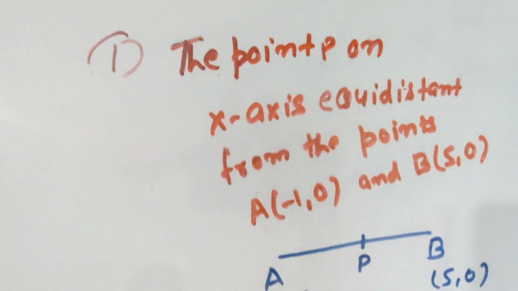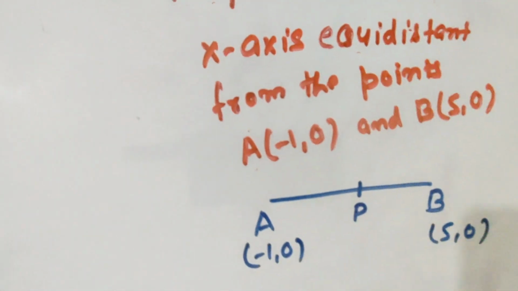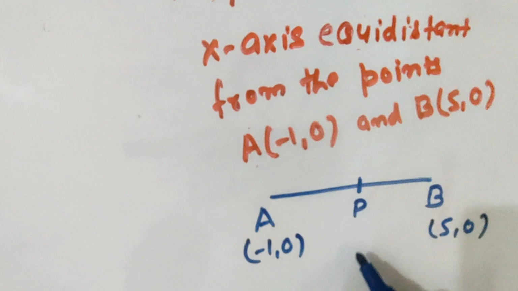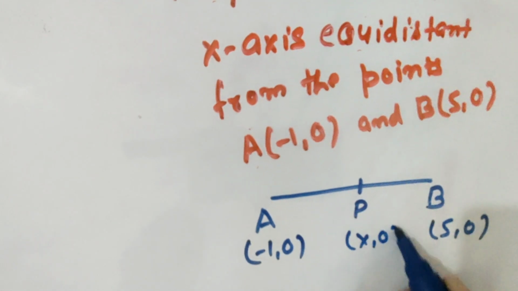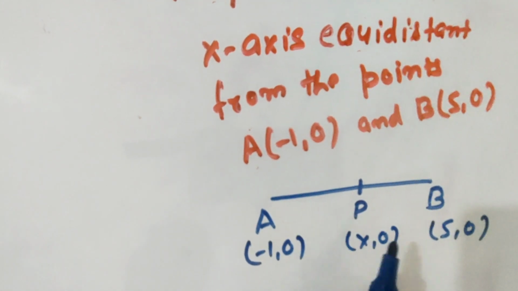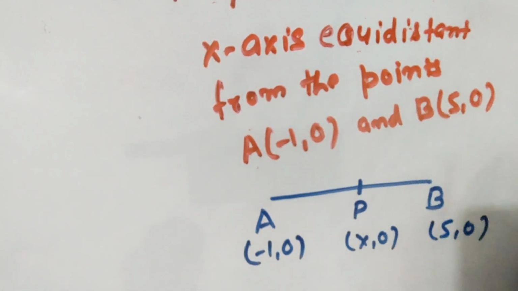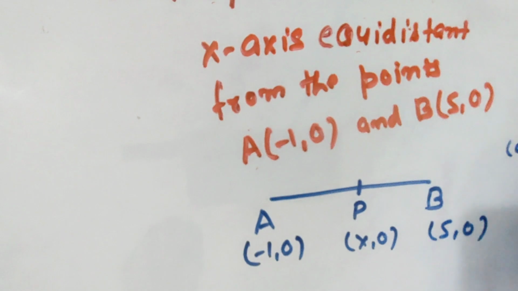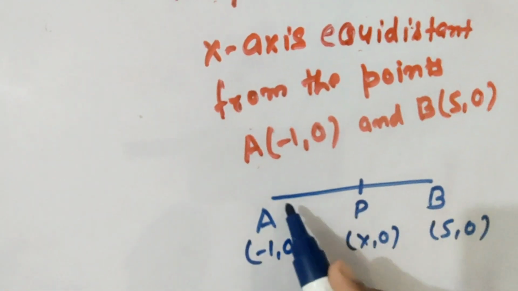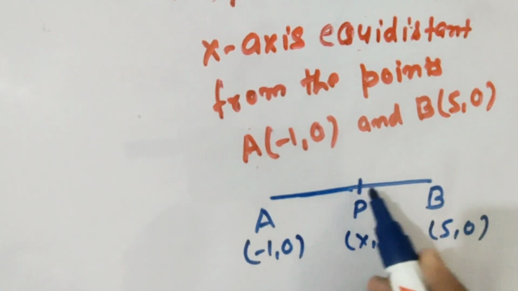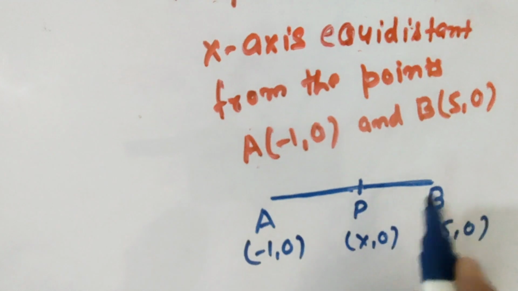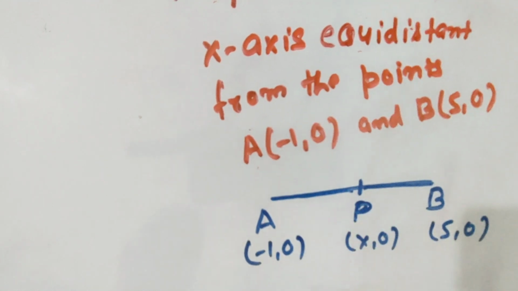If the y-axis is given, you put (0, y). Now, how do we solve this? The question says these two distances are equal, which means P is the midpoint.